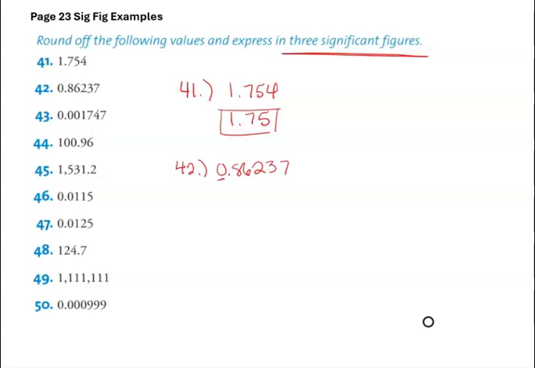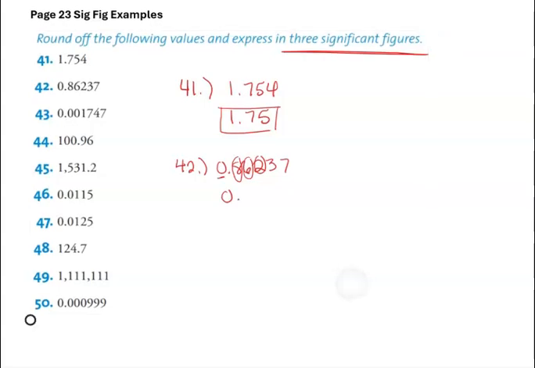It's basically just a placeholder. So our three significant figures are going to be our 8, our 6, and our 2. We can just put the 0 there as a placeholder, and then we'll put 8, 6, and 2. So that's our answer.